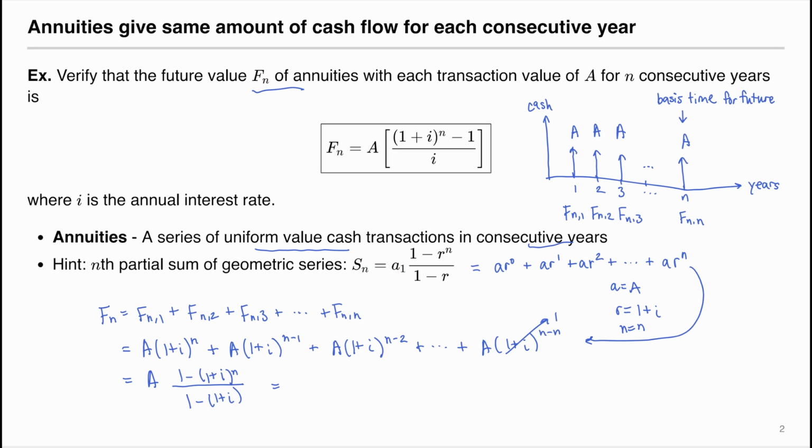On the bottom, we will have just I. And we have therefore proved that the future value of an annuity for each transaction value A for n consecutive years will be expressed by this value.